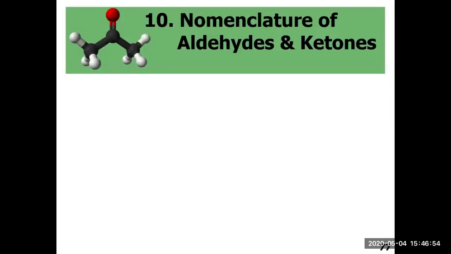All right, so the last topic in this video is how to give names for aldehydes and ketones. Now, just to give you a preview of the structure of aldehydes and ketones, these are organic molecules containing an acyl group. So when I say an acyl group, this is actually an R group bonded to a carbon, and this carbon is bonded to an oxygen atom.